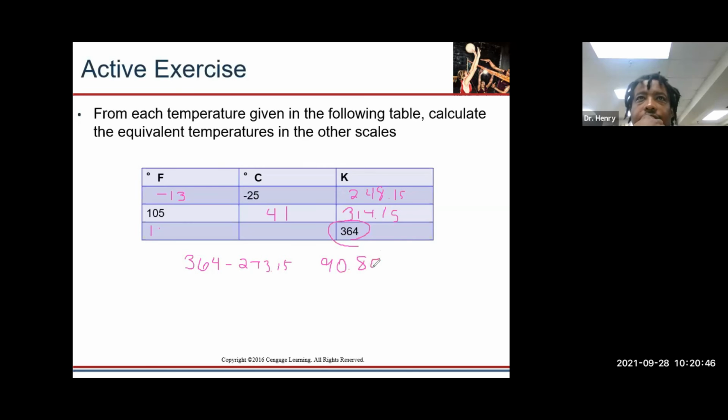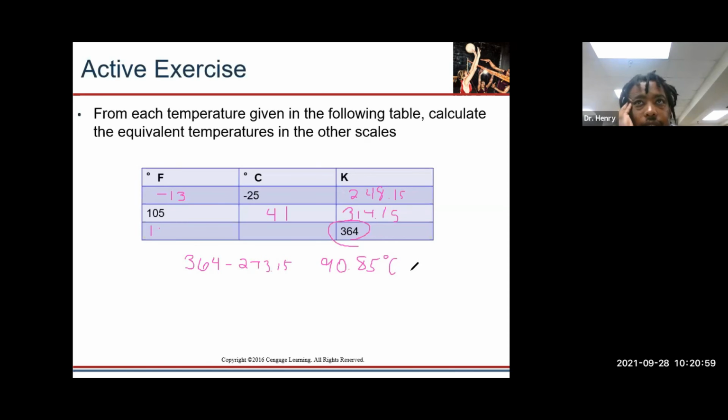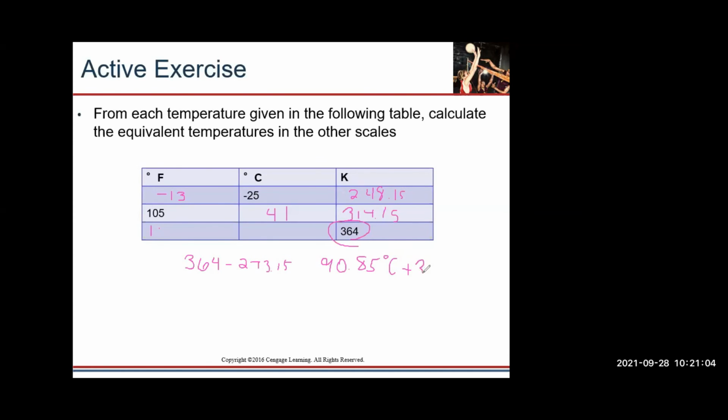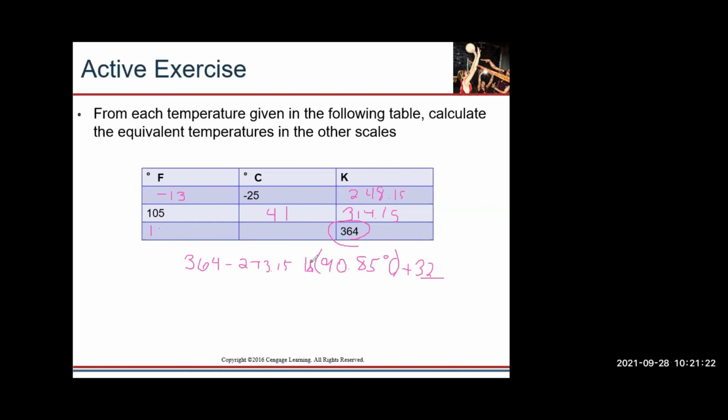And so we know that Fahrenheit is going to be 1.8 times 90.85 plus 32.